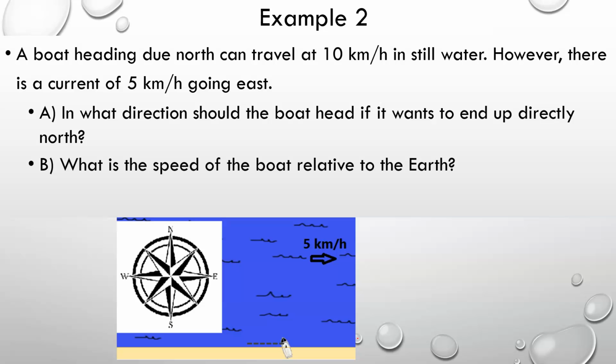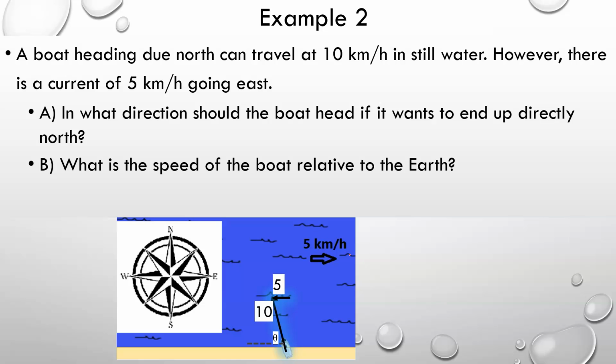So again, the 10 kilometers per hour, that's in still water. So if there were no current, it would just do 10 kilometers per hour at whatever angle we find. So the hypotenuse of the triangle is going to be 10, and we want this x component, or the western velocity of the boat, to completely cancel out with this eastern river velocity.